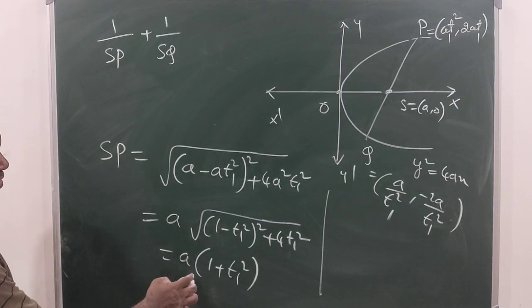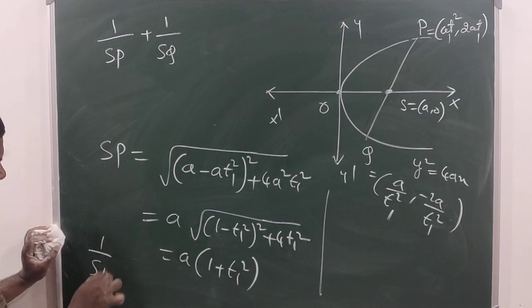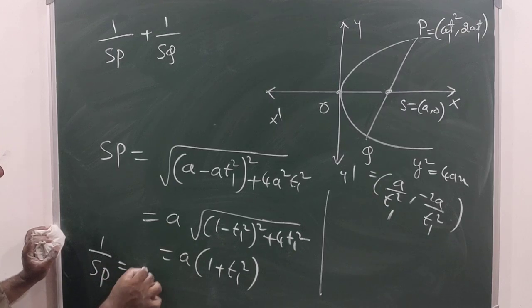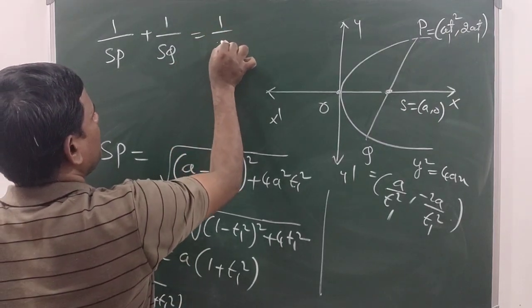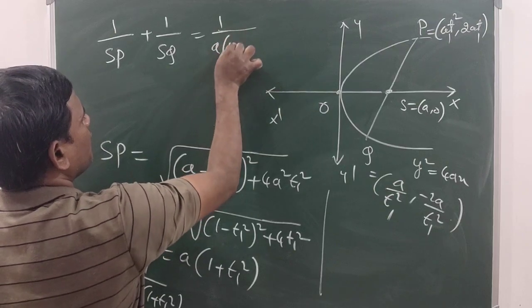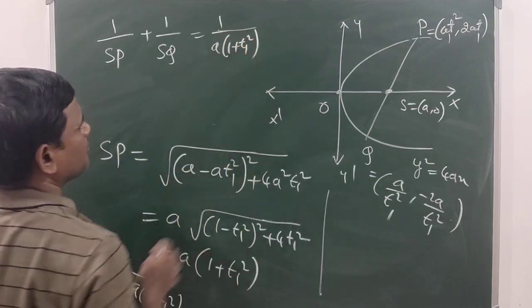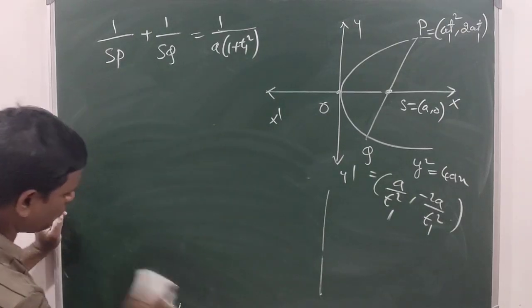So SP this much you got, but here 1 by SP is there. 1 by SP means this has to be the reciprocal. So 1 by a of 1 plus t1 square you will get. Keep it aside and measure the SQ length. SQ, how much do you get?